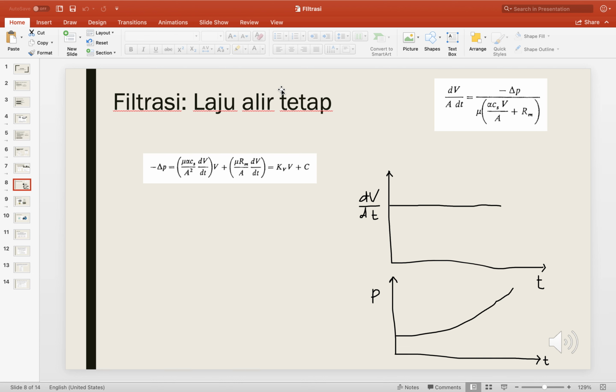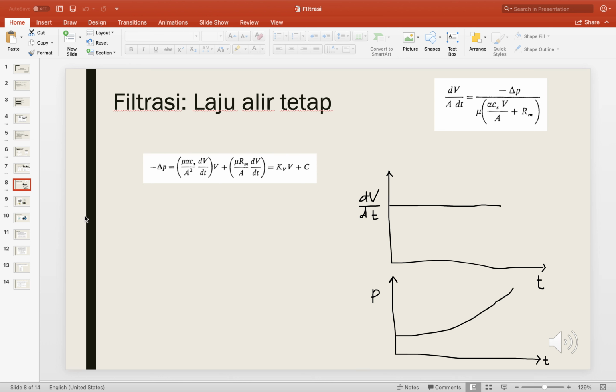The implication of that is that you need to increase your feed pressure over time. So if I draw the graph, the permeate or the filtrate volumetric rate is constant over time, but then you will need to increase your feed pressure over time.